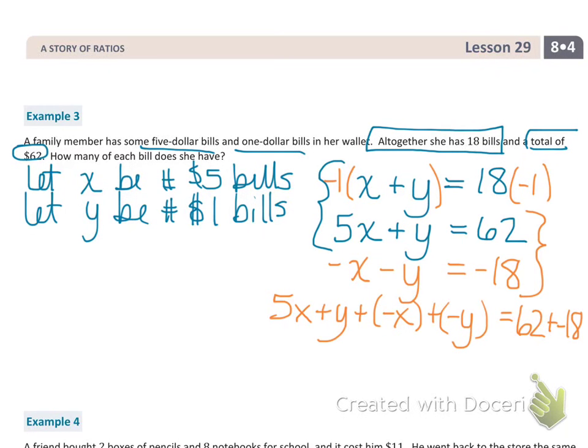Okay, so over here the positive y and the negative y are going to become 0 together. Positive 5x and negative x is 4x. So I have 4x is equal to 62 plus negative 18, which is 62 minus 18, or 44.